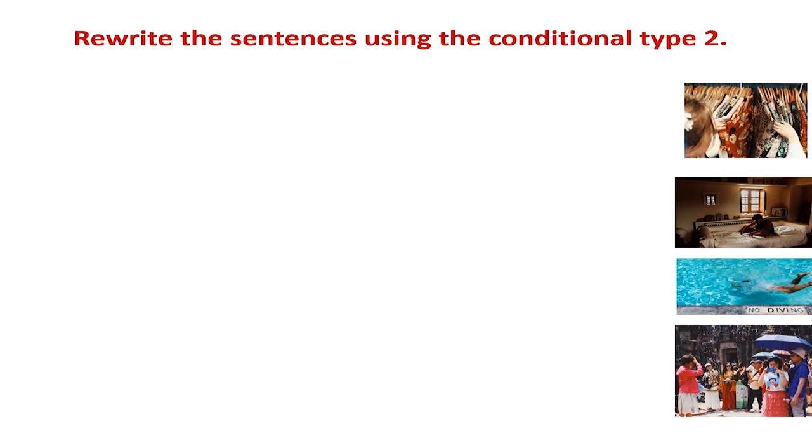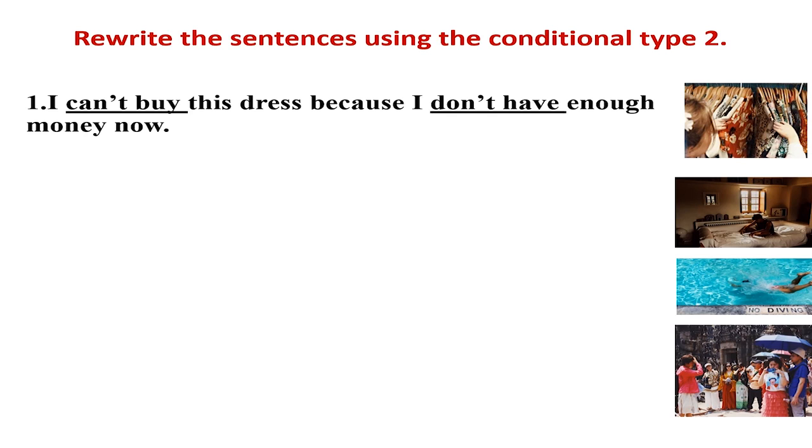Okay, now what you're going to do is to rewrite the sentences using conditional type 2. You are going to write again the sentences for what is in the first picture. So this woman wants to buy a dress, but she doesn't have money, right? She said, I can't buy this dress because I don't have enough money now.